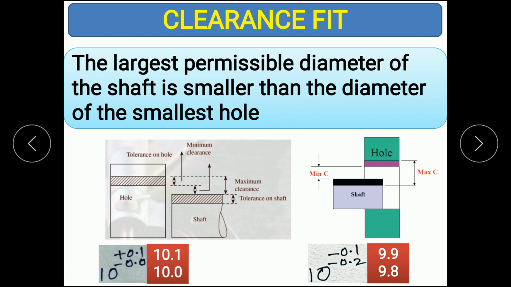Means there is always some clearance, a minimum clearance, between the hole and the shaft. So this type of fit is called the clearance fit.